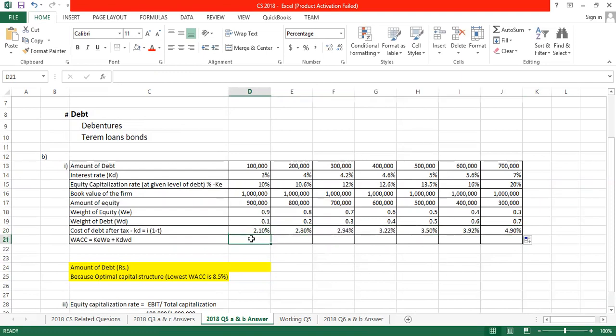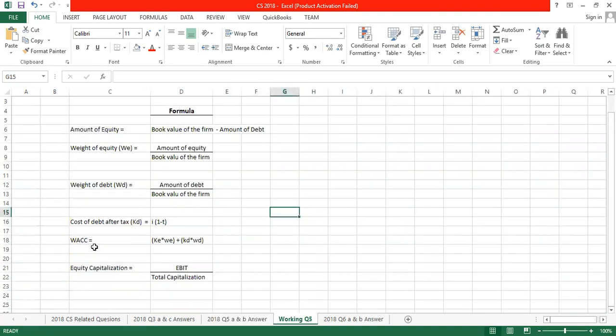Finally, we want to calculate the weighted average cost of capital. Then we want to select the lowest weighted average cost of capital, because that is the optimal capital structure. The weighted average cost of capital formula under the traditional approach is cost of equity multiplied by weight of equity plus cost of debt multiplied by weight of debt.